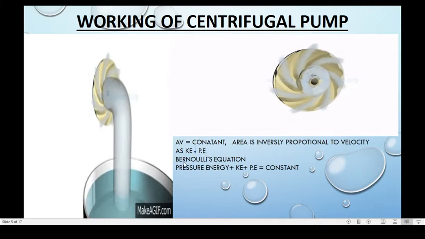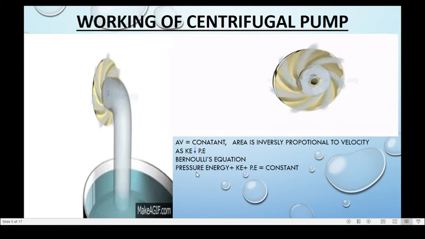How is the pressure energy increasing? You know, according to Bernoulli's equation, pressure energy plus kinetic energy plus potential energy equal to a constant. Here in this case, as we are considering from the same ground level, potential energy is neglected. So we have remaining pressure energy plus kinetic energy equal to constant.